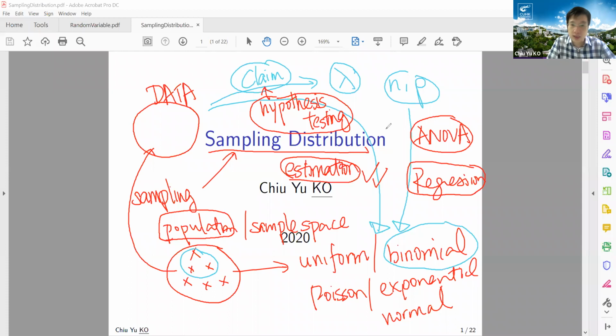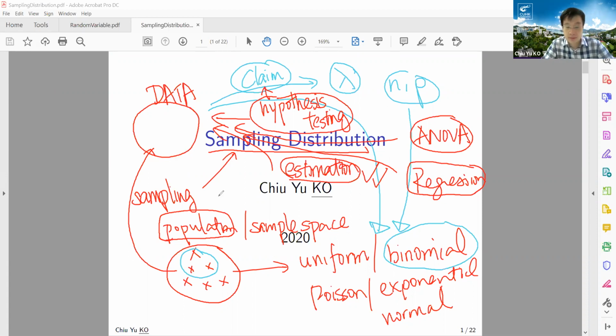But all these methods we learn in the rest of the class depend on data, because we are making a judgment, or what we call a statistical decision, based on data. And the data you collect must be accurate. That is the goal of today, to study the data.